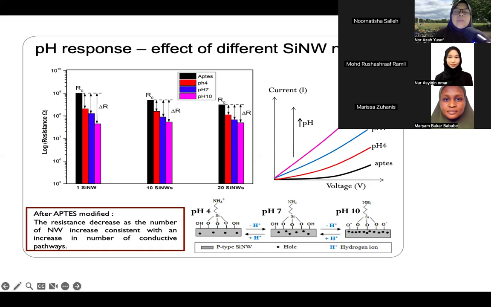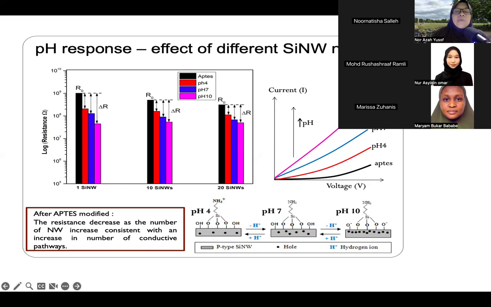Because the ultimate aim of this study is the pH response towards the effect of different silicon nanowire numbers, the hypothesis will be whether there is a significant difference if we expose different silicon nanowire numbers to different pH. Hypothesis means asking questions, and that is what we want to prove. From the experiment, we have data, we plot the data, and we analyze it with certain tools.